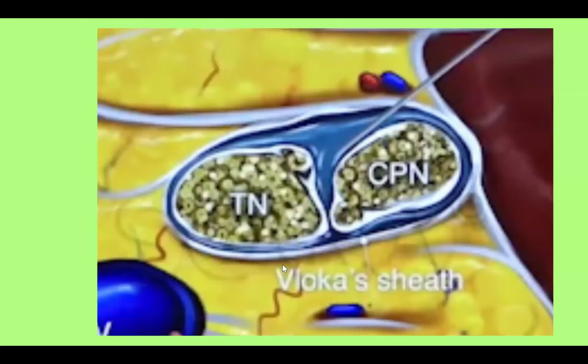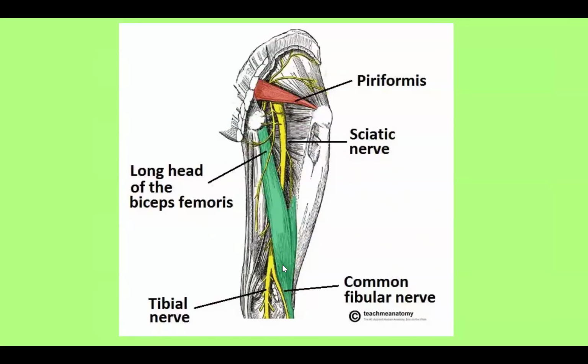That bifurcation varies between patients, but in the majority of patients, it bifurcates about 10 centimeters above the popliteal fossa. This is also handy to know that the sciatic nerve can be blocked at any stage along its course. So it can be blocked in a transgluteal approach. It does become a little bit riskier as it becomes a deeper block there. So you need to give a little bit more consideration to anticoagulation and things like that.